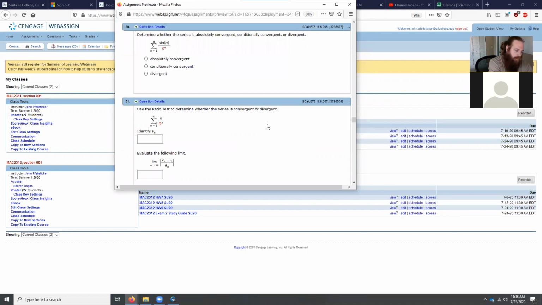So I'll write this down. That's from 1 to infinity. That's absolutely convergent, conditionally convergent, divergent. Okay.